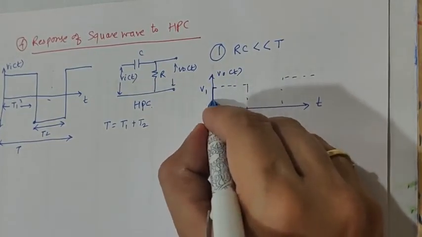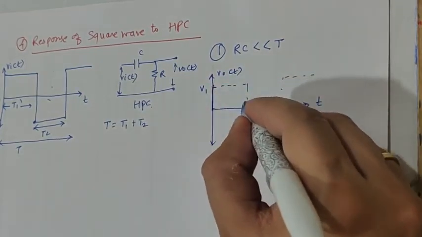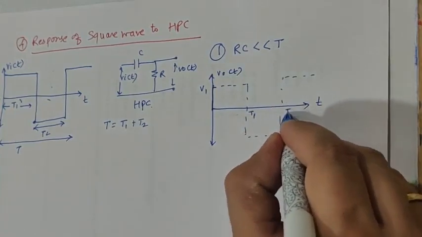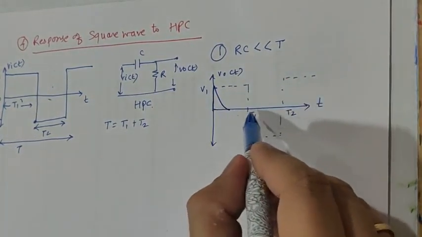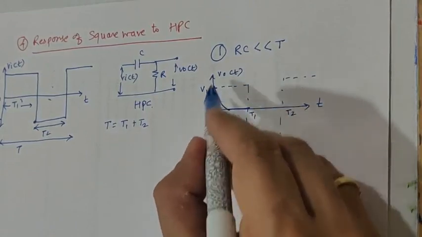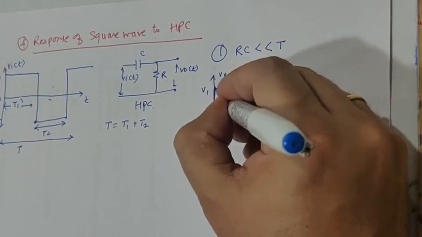So exponential decay will occur. So let us have this input to be V1. So the output is going to be V1. Now it will not last the time period T1, and therefore it will fall down well before the input ends. So the output is going to be the waveform that I am drawing.